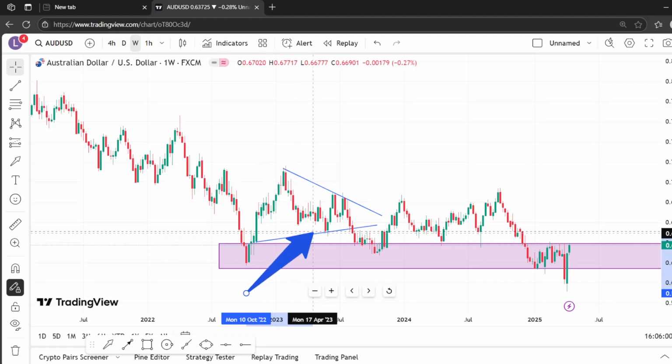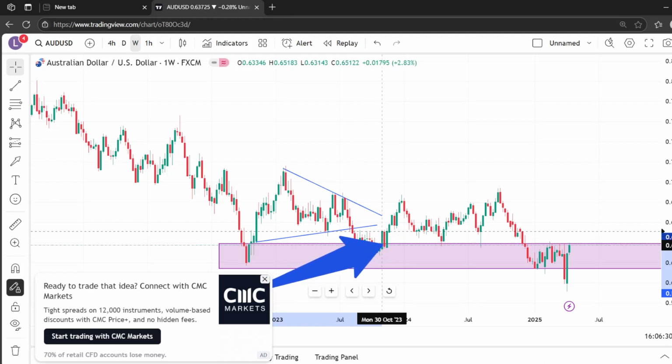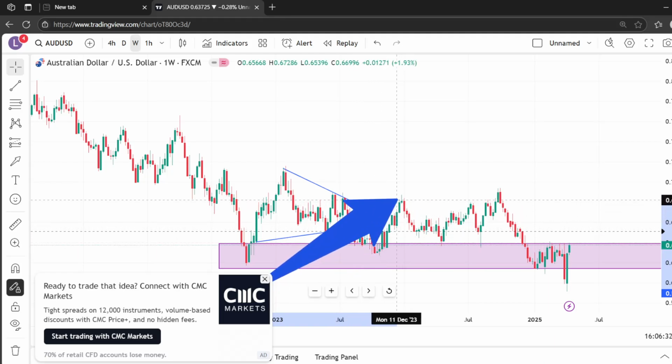So you had this. I don't even know what this is called now. I think this is called a wedge. I don't know what it's called, but something like that. So when we break out, you are told to go short, right? So you've gone short after the breakout. What happened? It came and took you out.